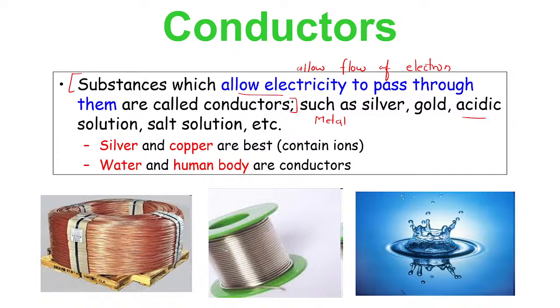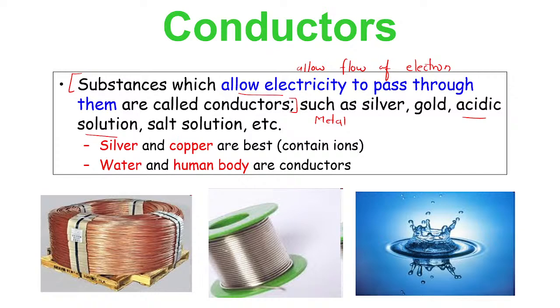We are going to see what these things are, but right now let us focus on solid conductors. Solid conductors: metals, silver, gold, copper, aluminium, iron. Among these, silver and copper are the best, very good conductors of electricity.